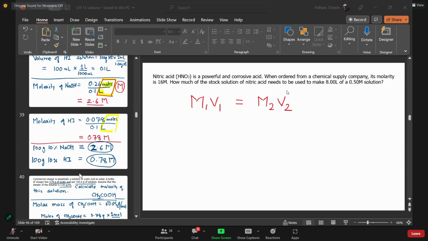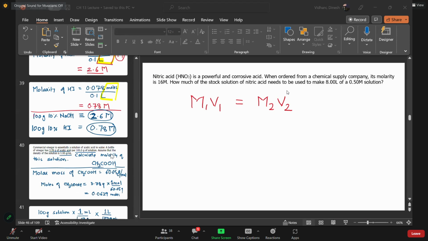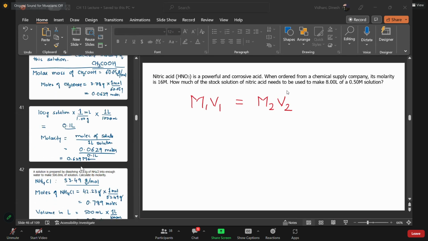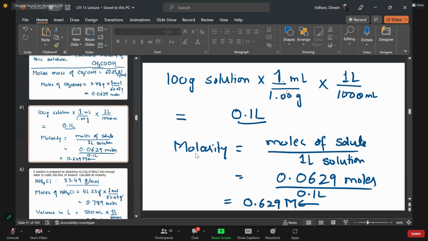So while we were discussing molarity, which is right on slide number 41, as you can see, molarity is moles of solute divided by the volume of solution. Do you guys agree on that?